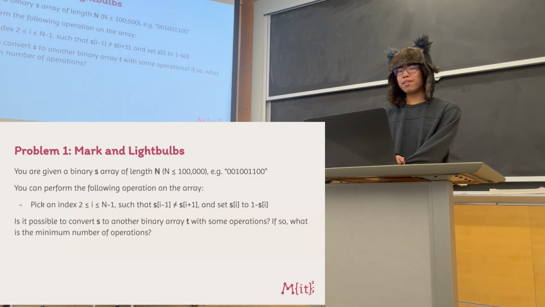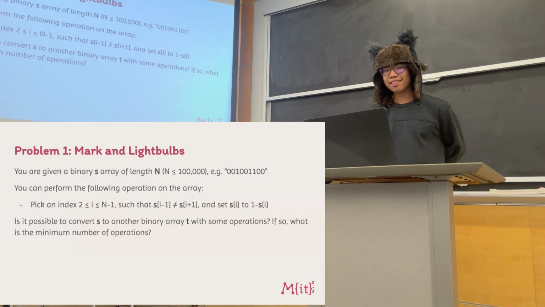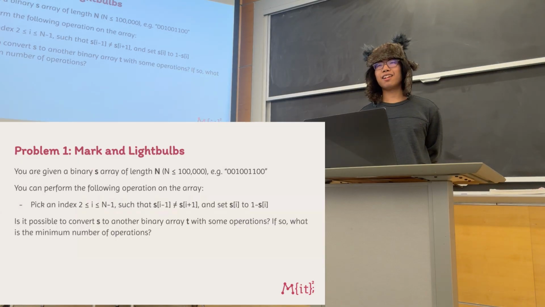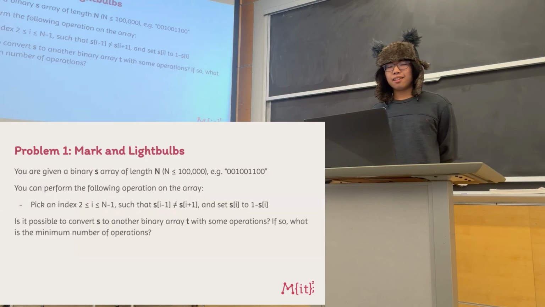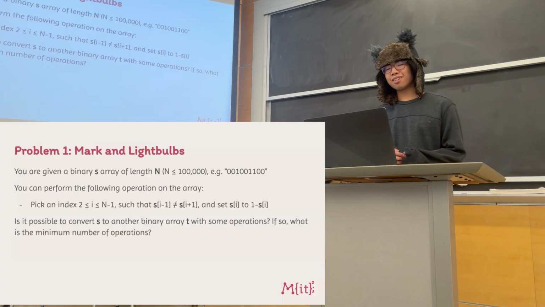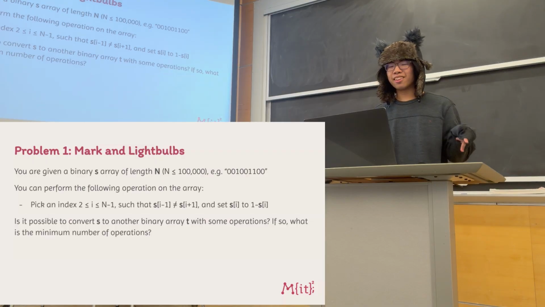So the first problem is marking light bulbs. You are given a binary array S of length n, and you could perform the following operation on the array any number of times. You pick an index between 2 and n minus 1, such that the binary number on the left of the index and on the right of the index are different.